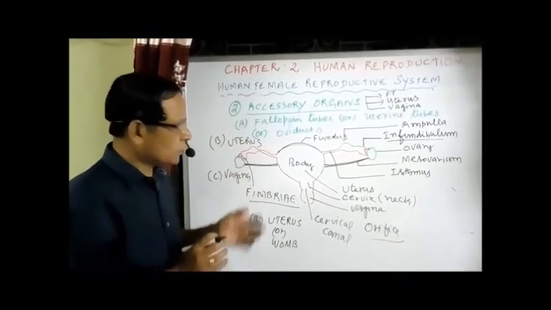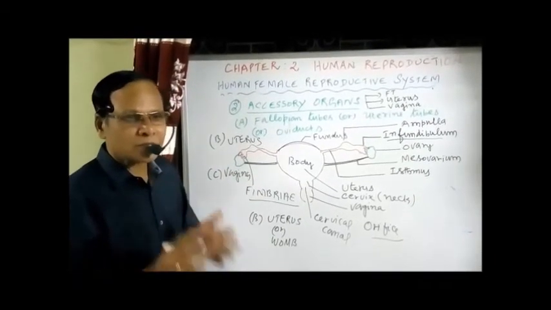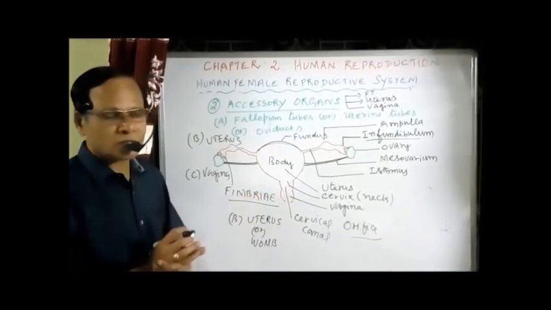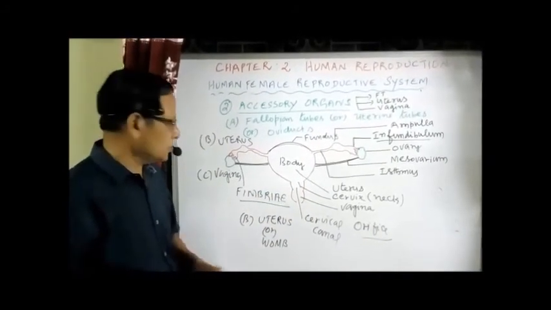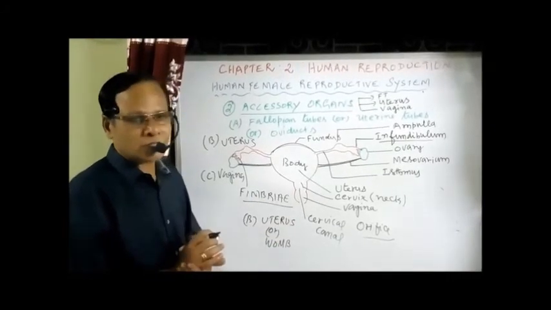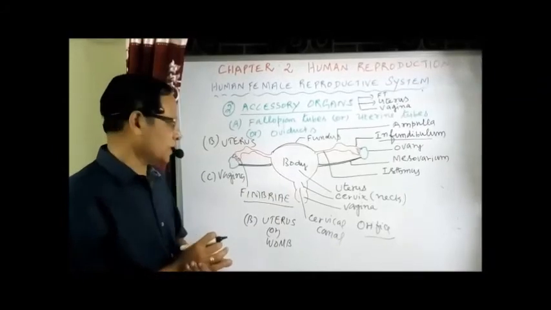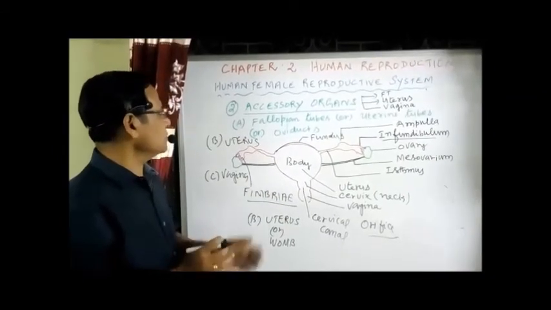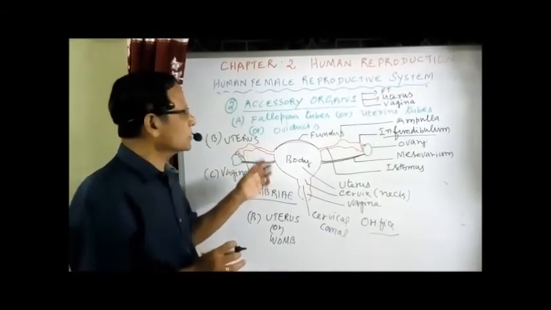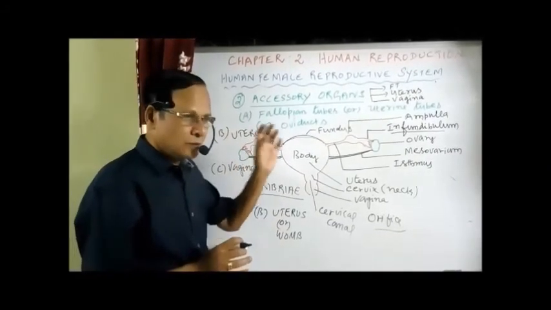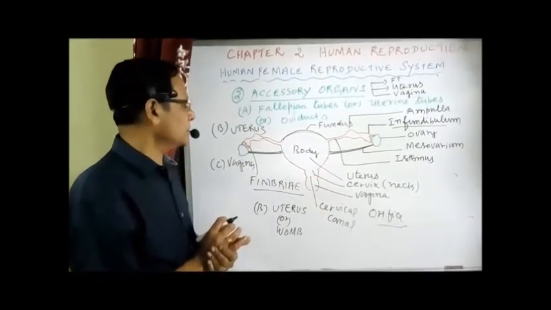Also, along with copulation, it acts as a birth canal. That's why I mentioned already that the cervical canal and the vagina together constitute the birth canal. It is also a female copulation area, and here also it is lined with a number of mucous glands, etc. So we have completed the accessory organs, and the female main primary organs are the ovaries.